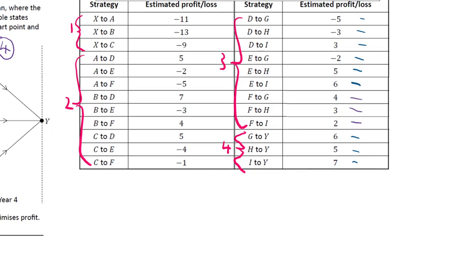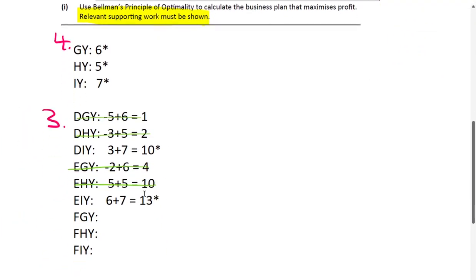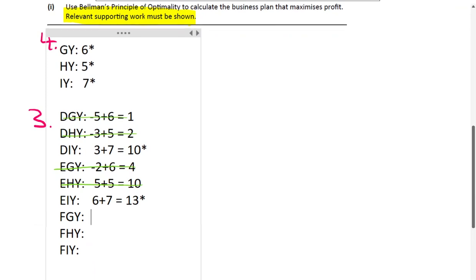And looking at F, it's 4, 3, 2. So F to G is 4, F to H is 3, and F to I is 2. And again, because the GY optimal path is 6, HY optimal path is 5, and IY optimal path is 7, what we have there is FGY is our optimal path, and the other two are not.